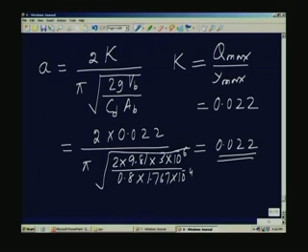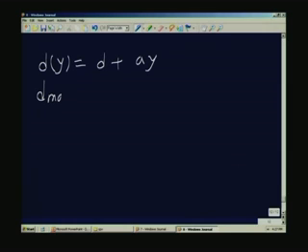Okay? And in fact, the taper parameter, if you remember, D at any Y value is equal to D plus A times Y. So, we can say D max is equal to D plus A times Y max, and all I have to do is to substitute.